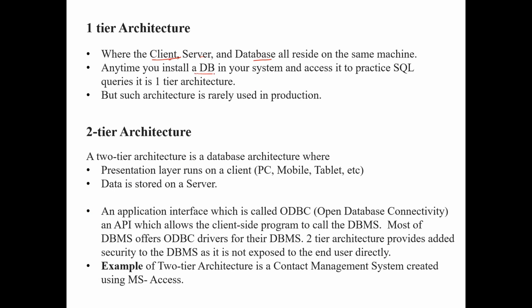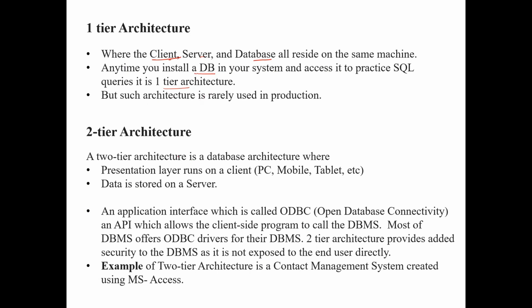Any time you install the database in your system and access it to practice SQL queries, it is a one-tier architecture. Whenever we write SQL queries on a SQL prompt, that is one tier. But such an architecture is rarely used in production. We generally go for two-tier or three-tier.